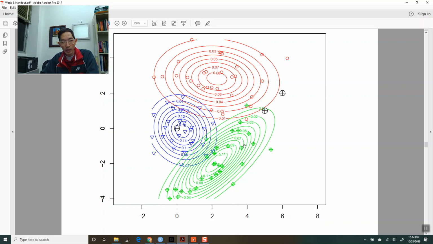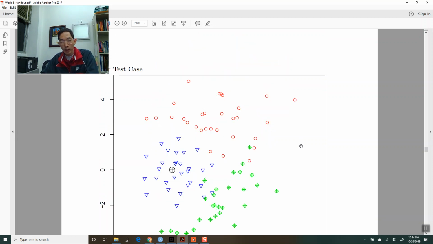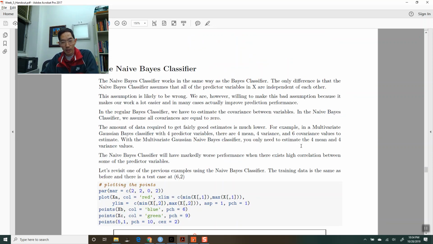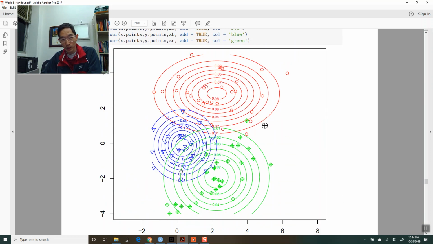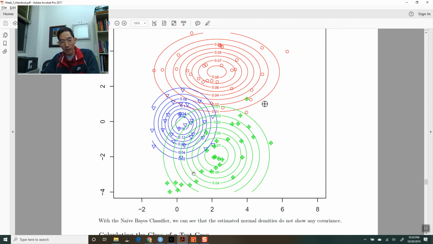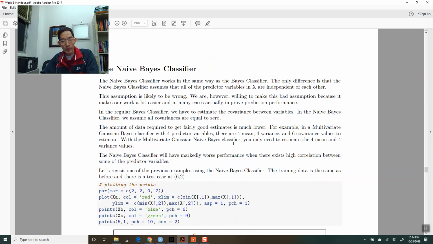So here we have high covariance between X1 and X2. And when we do the naive Bayes classifier, we're going to assume no covariance. When we form our ellipses, the axes of the ellipses will be parallel to the X1 and X2 axes, and they're perpendicular to each other.